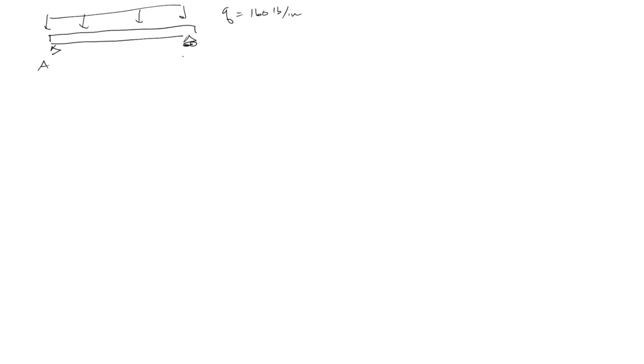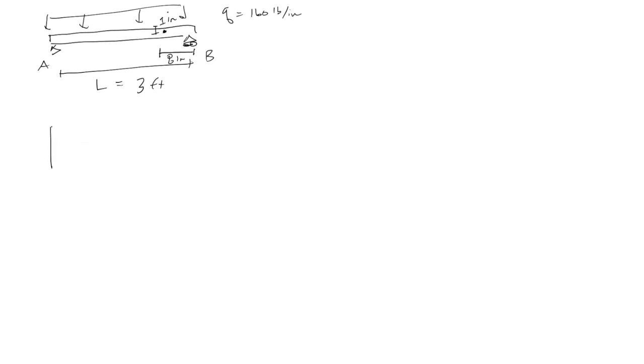This is A, B. The length L is 3 feet. And we want to measure now the stress 8 inches from the right endpoint and 1 inch down. So now they've given us a location where they want the stresses, right at this point here.